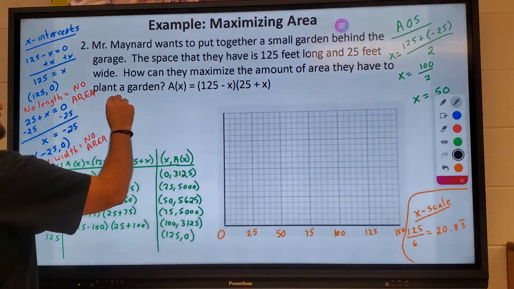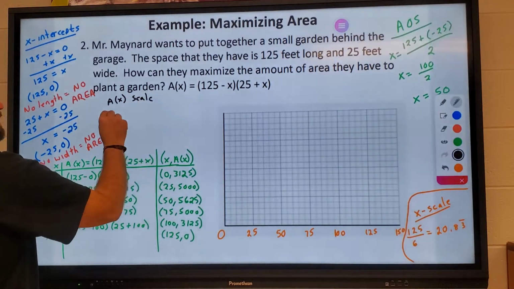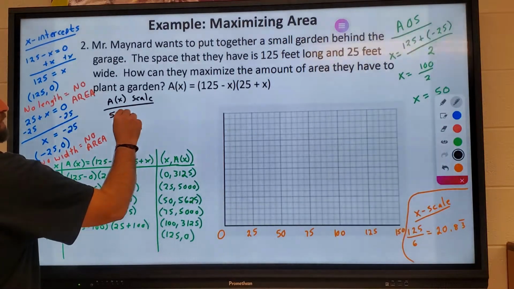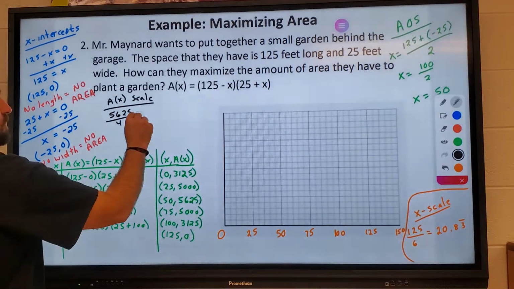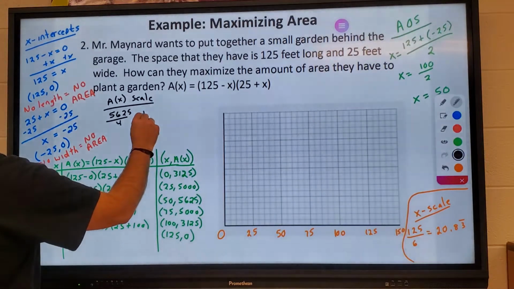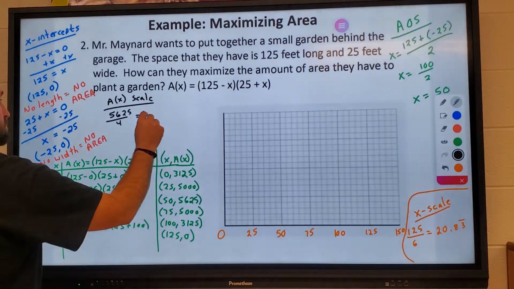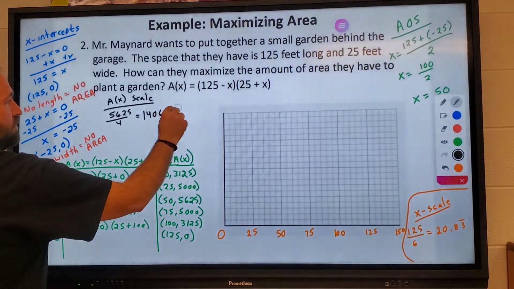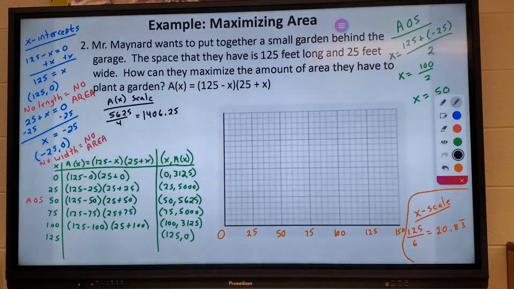So my A of X scale is the 5,625 divided by 4, which gives me 1,406.25. Again, this is a bad decimal, so I'm not really going to work with that decimal.